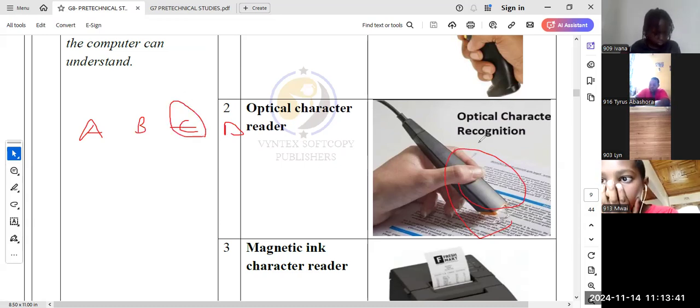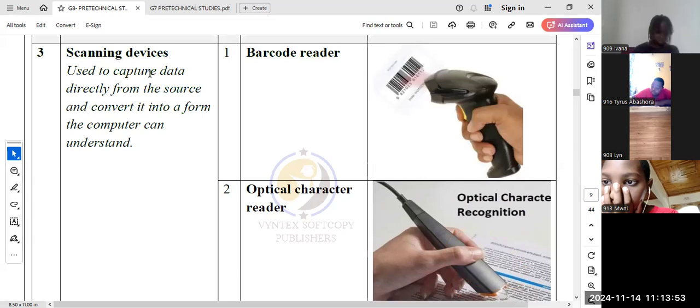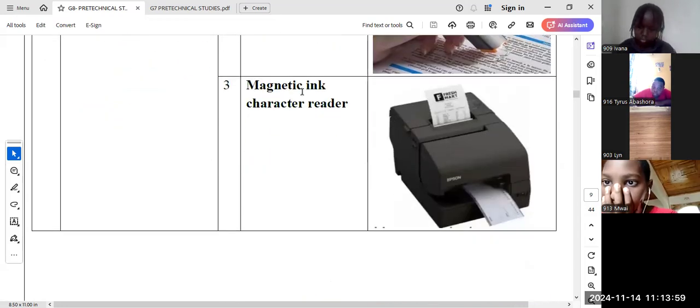So optical character reader, used to capture data directly from the source and convert it into the form the computer can understand. We have the magnetic ink character reader.